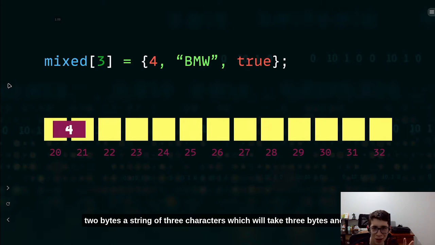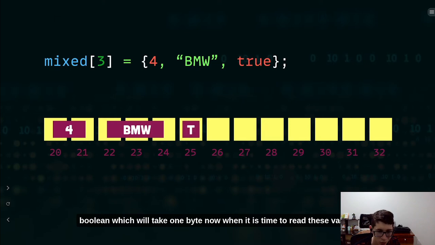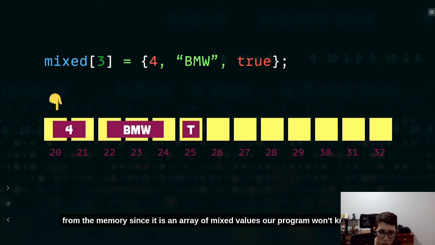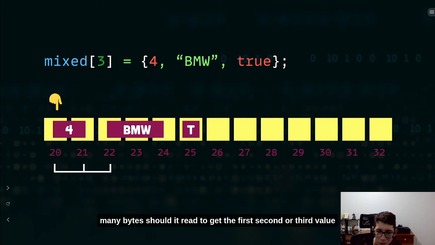I'm not understanding completely why this can be used with different types. 2 bytes, a string of 3 characters, which will take 3 bytes. Boolean will take 1 byte. Alright.